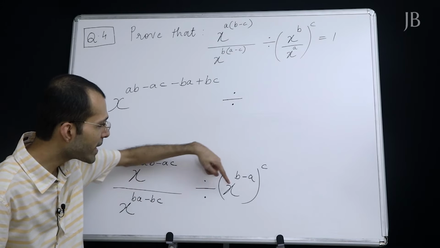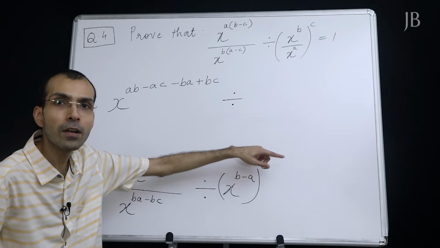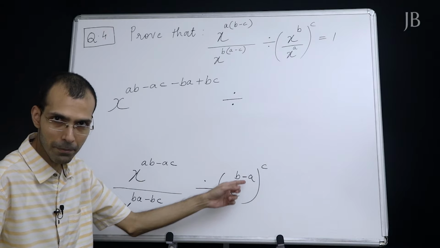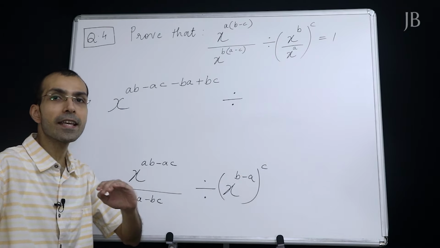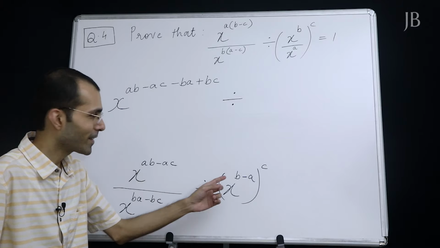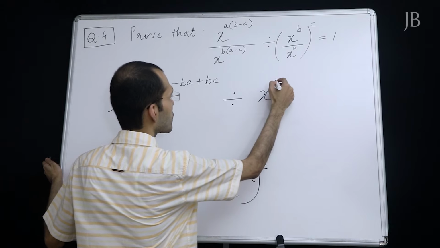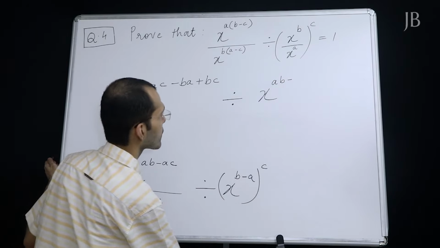This is like a raised to m, the whole raised to n. A raised to m, the whole raised to n, that is a raised to mn. The two powers will get multiplied. So this will be x raised to, no, cb, sorry.